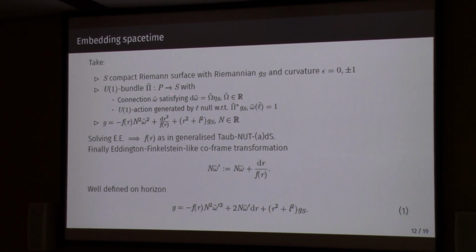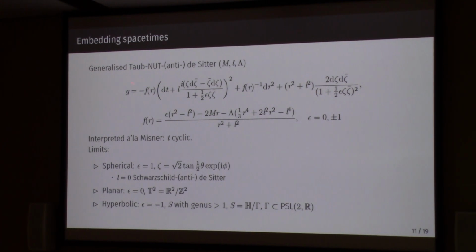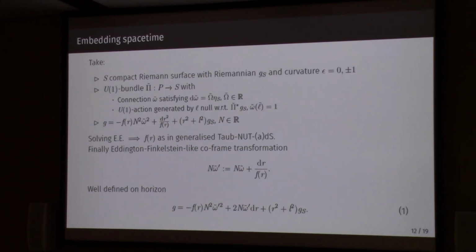Assume that we have a U1 bundle over this surface, satisfying the same connection and curvature condition, and that we have the field with respect to this metric, so that the connection is suitably normalized. And we write the spacetime, which you don't have to look hard to realize is just a concise rewriting of this general form of the metric.